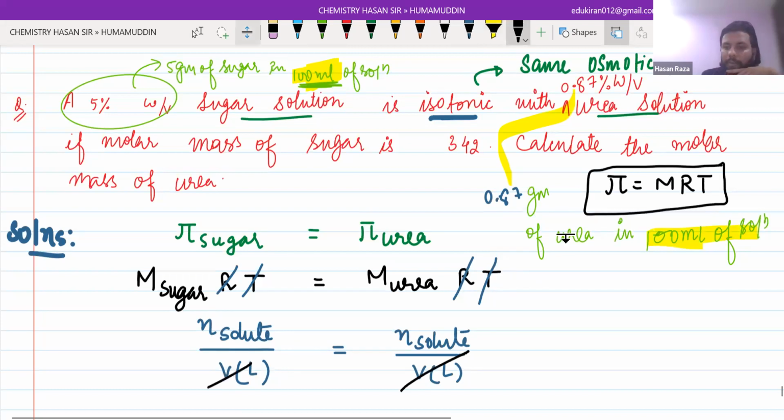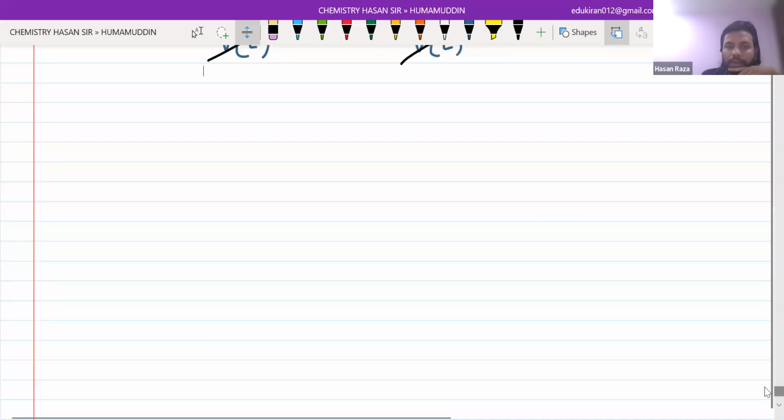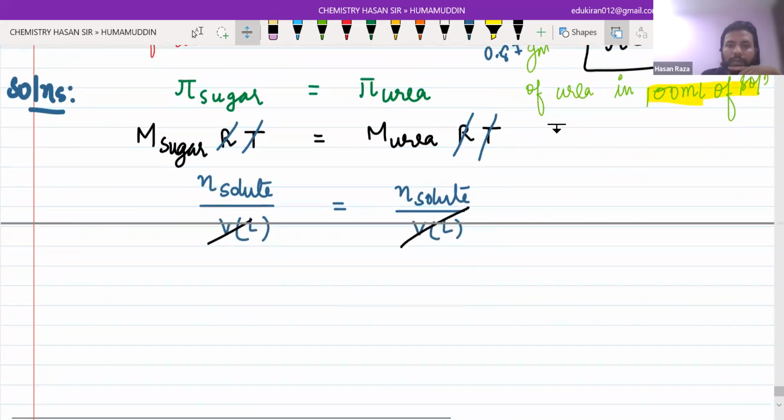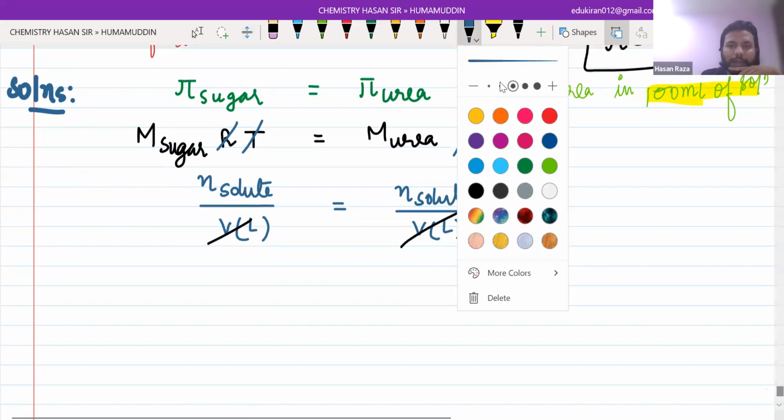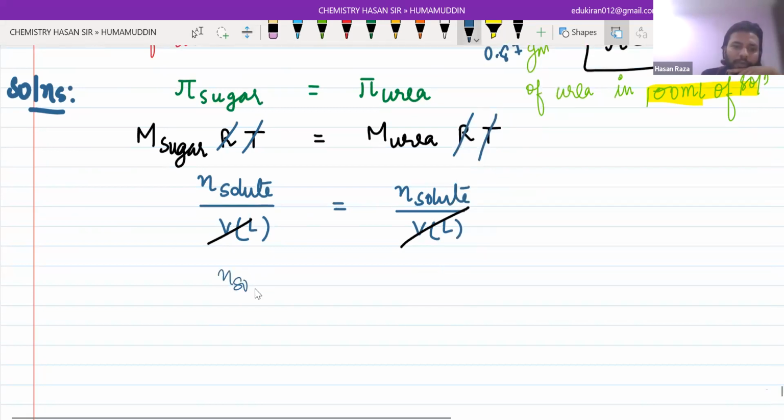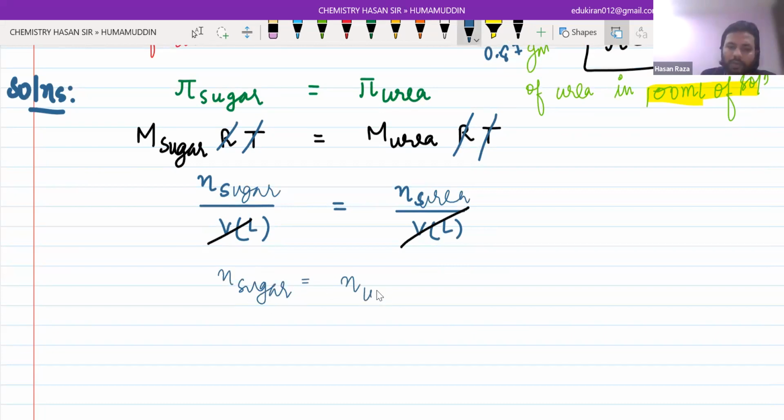Now you only have the number of moles of solute of both left. So what I'm going to do is very simple. I'm just going to write the number of moles of solute, and that will be equal to the number of moles of solute. The solute in this solution is your sugar and the solute in this solution is your urea.